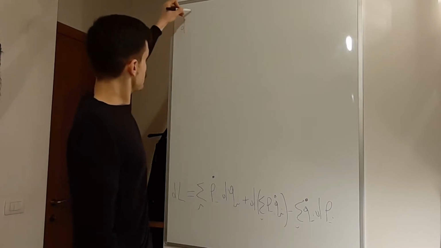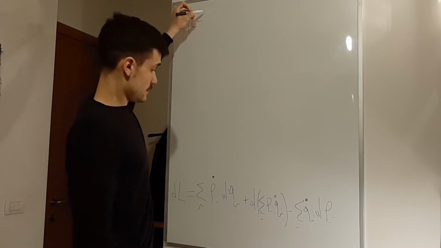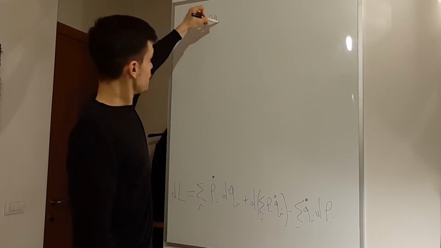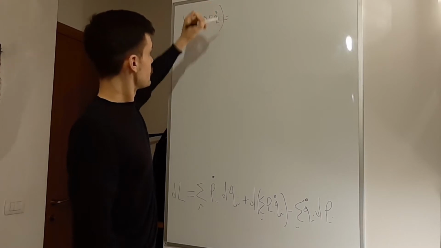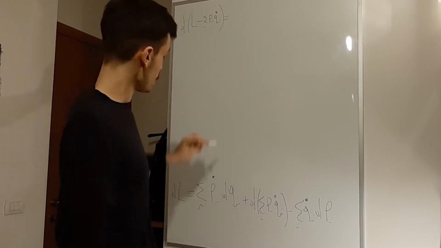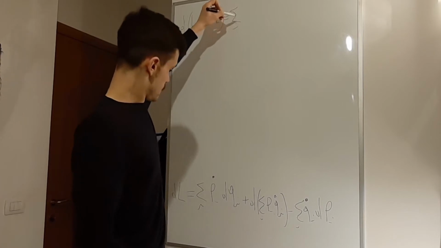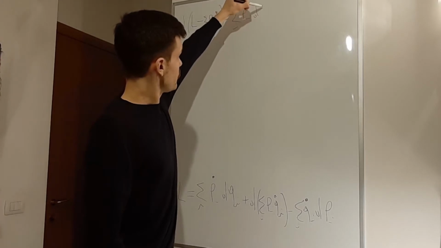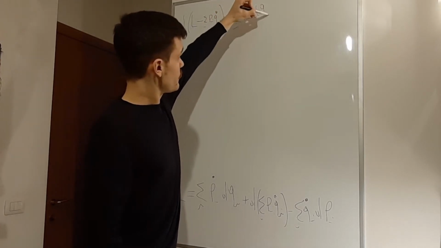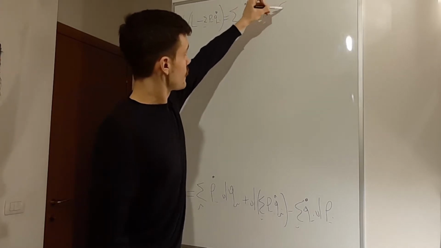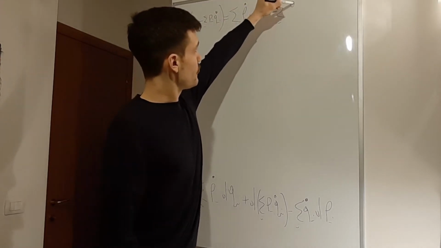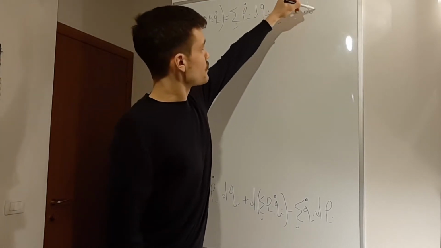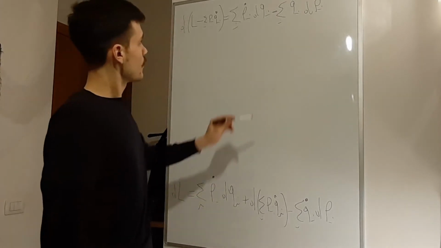You get that the differential of the Lagrangian minus the sum over p_i q_i dot is equal to what remains: the time derivative of the momenta multiplied by the differential of the position, minus the sum of the velocities with the differential of the momenta. This is a minus.